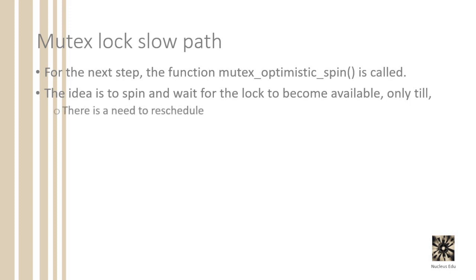Right, so this criteria for how long to spin, there are two things to check. If the current task trying to acquire the mutex has been signaled by the scheduler to schedule out, maybe its time slice has expired or something, if it has been signaled to schedule out through this reschedule function, then it's going to stop this optimistic spin and move to the third step.